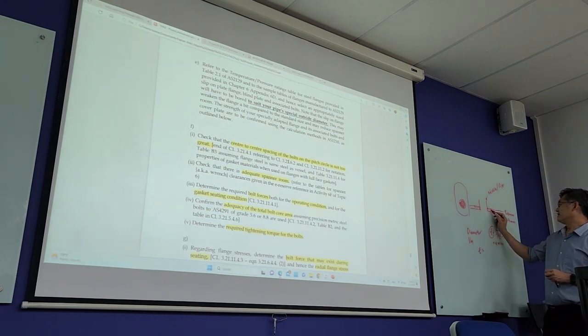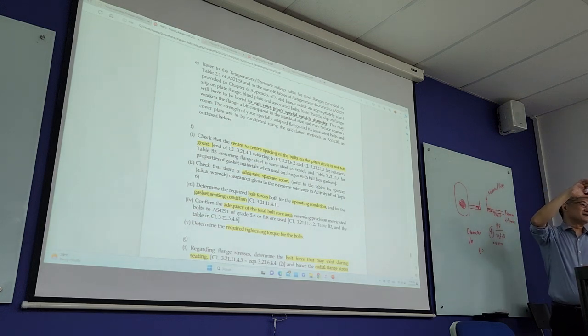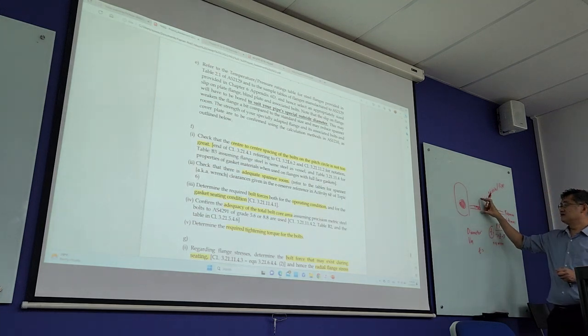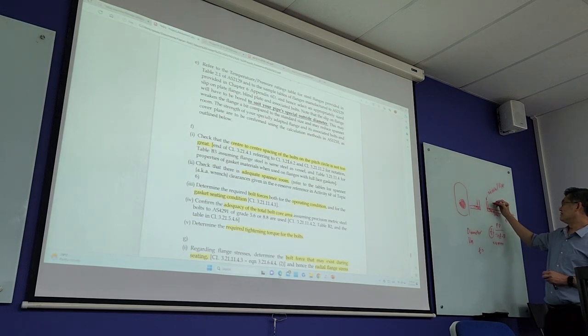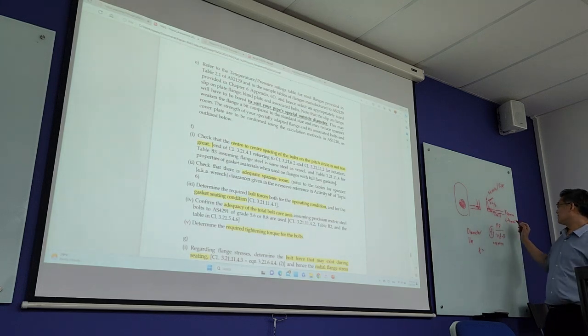This area is called A1, A1 divided by 2. And then for the nozzle, for our project, we will find the nozzle the same thickness as our vessel. Let's say this is 10 mm, this one also 10 mm. So you have what we call the A2 area. This 10 mm is actually thicker than your design pressure thickness, let's say 4 mm.